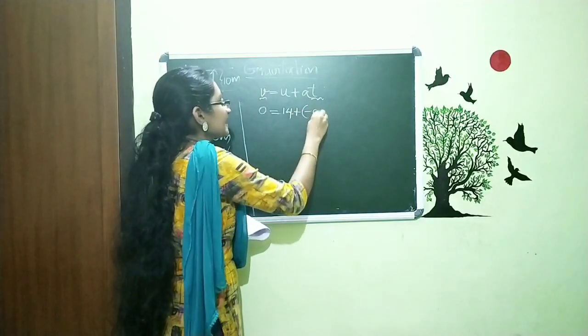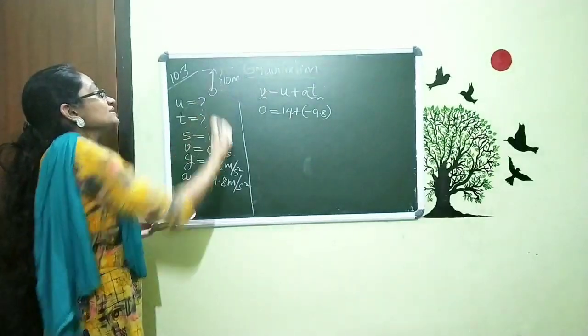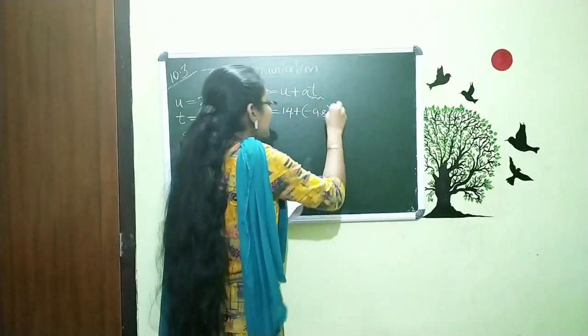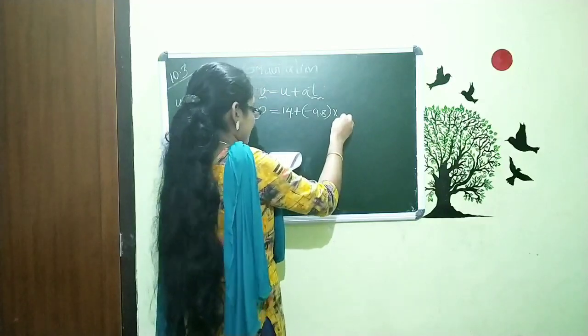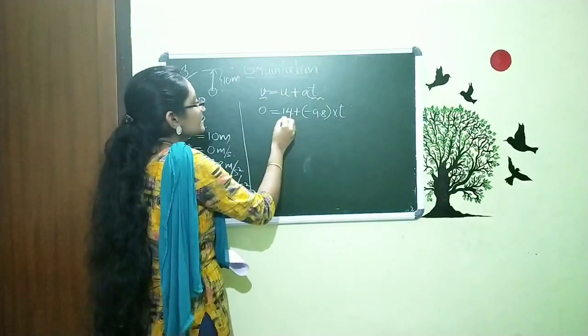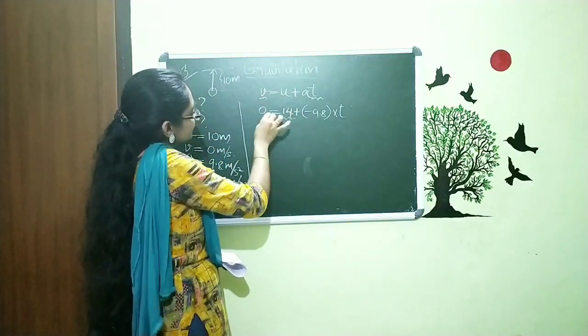That is minus 9.8. Here we are all talking about the stone going upward, that's why we are taking minus 9.8 into this time that we want to find. So first of all, I am taking this plus 14 to this side.